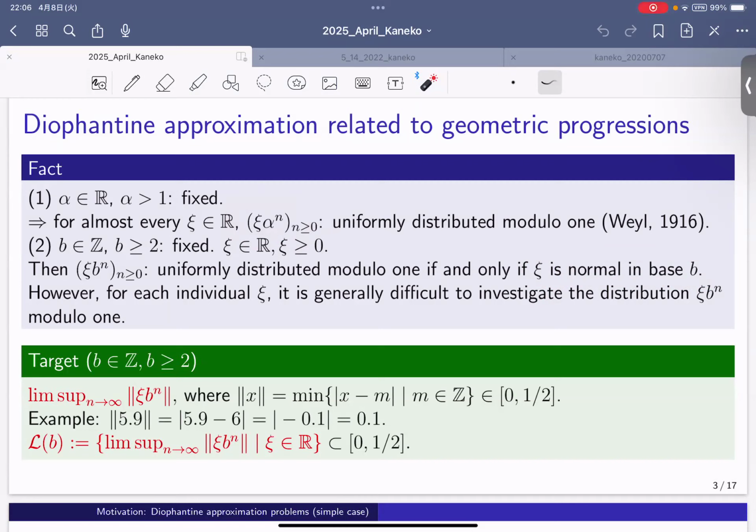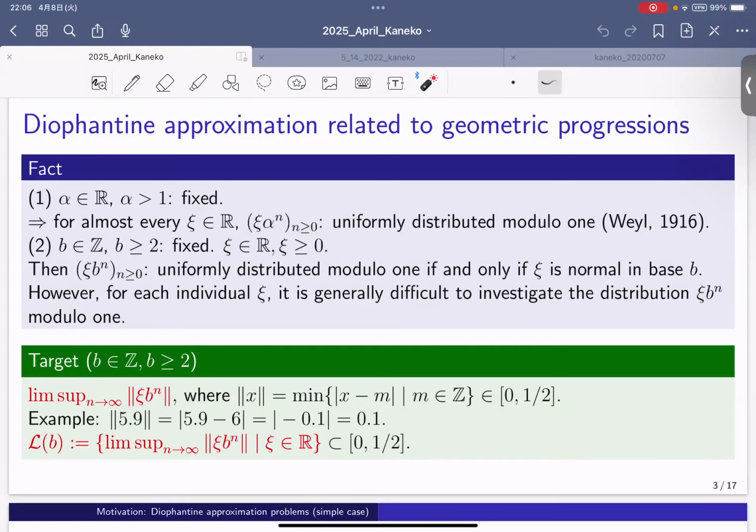Today, I would like to talk about partial results. So, the lim sup of this one. Here, x is a real number, and this symbol means the distance from x to the nearest integer. For example, in the case where x is 5.9, the nearest integer to 5.9 is 6, and the distance is minus 0.1.